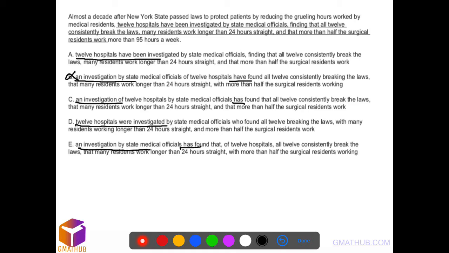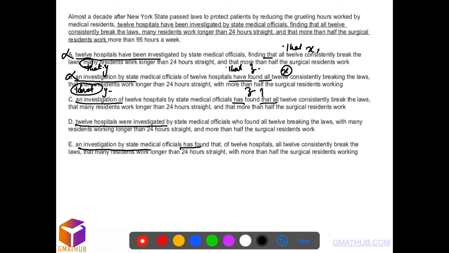They have found out that X, that Y, and that Z. Now this that is missing here, so it's out. Found X, that Y, and Z. That is used only once, so this is out.